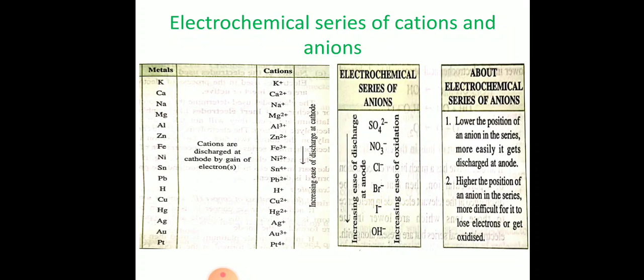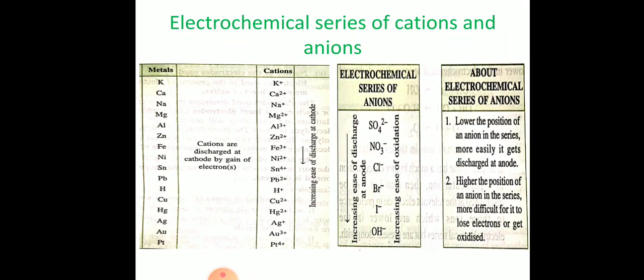So the top metals are highly reactive and the lower metals are highly unreactive. And the metals at the top can replace the metals at the bottom.